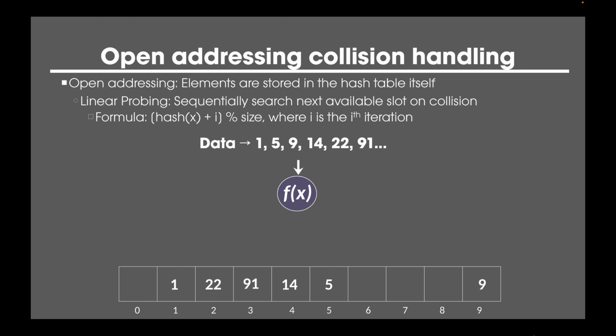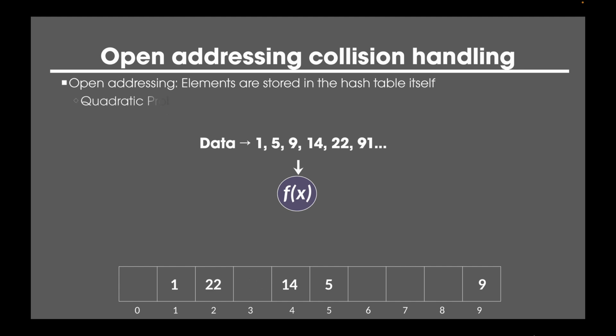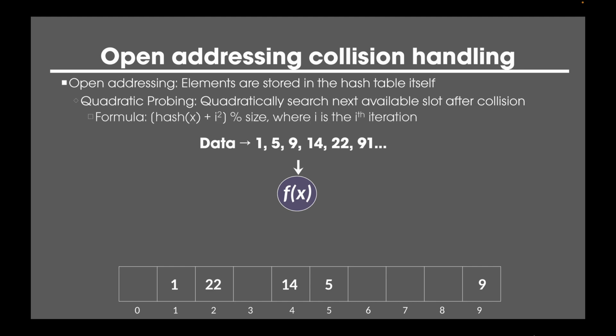Let us move to the next method, that is quadratic probing. In quadratic probing, the search for the next available slot follows a quadratic pattern. The new position is calculated as hash of the data element plus i square, modulus size, where i is the ith iteration. Let us consider the same data and try to fill up the data element for which collision was happened.